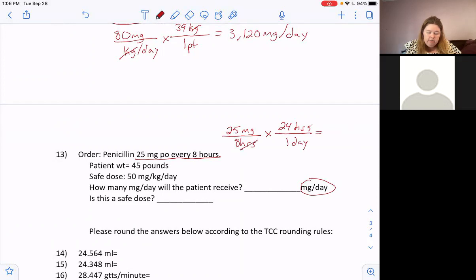So our hours cancel, and we're left with milligrams per day. So 25 times 24 divided by 8 equals 75. 75 milligrams per day. And the safe dose is 50. So no, this is not safe because it's above therapeutic.